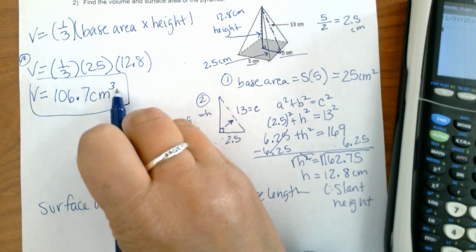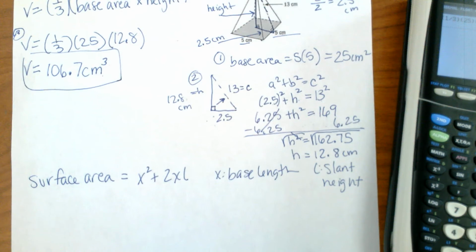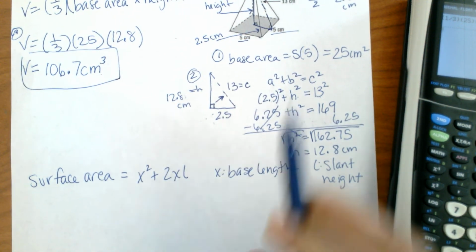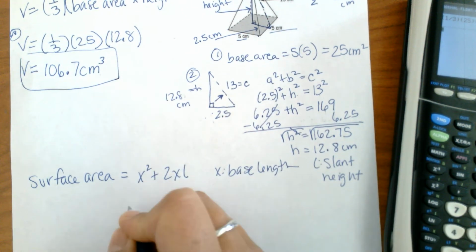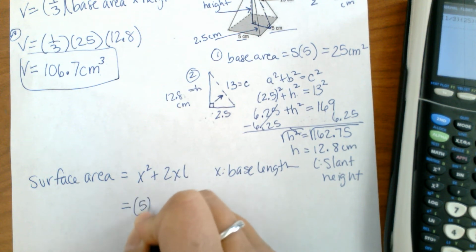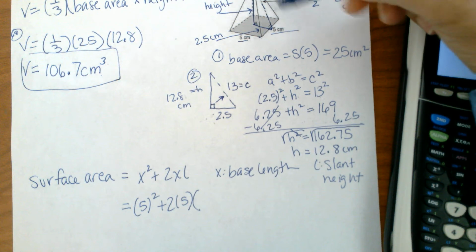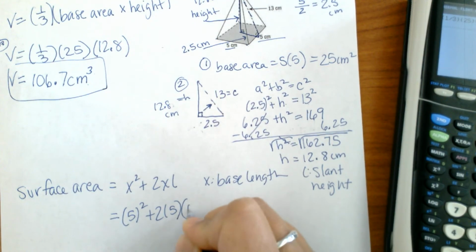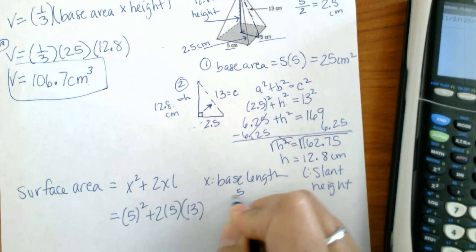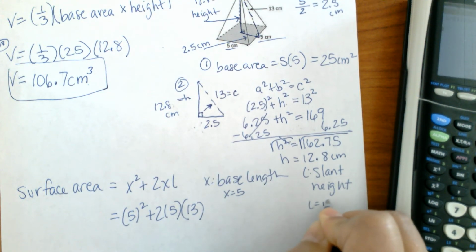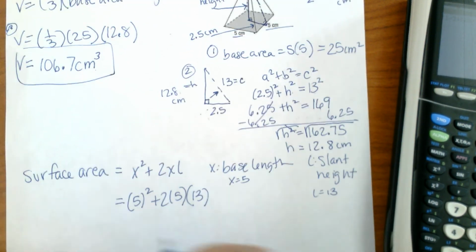And notice centimeters cubed. Let's find our surface area. Surface area, x is the base length, so we see that it's 5. So this is going to equal 5 squared plus 2 times 5 times our slant height. Our slant height, 13, you got it. So x equaled 5 and L equaled 13. This is a little bit easier, huh?